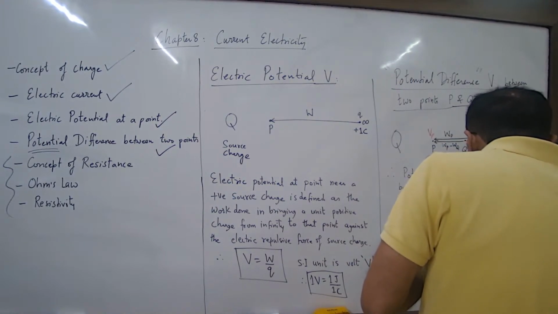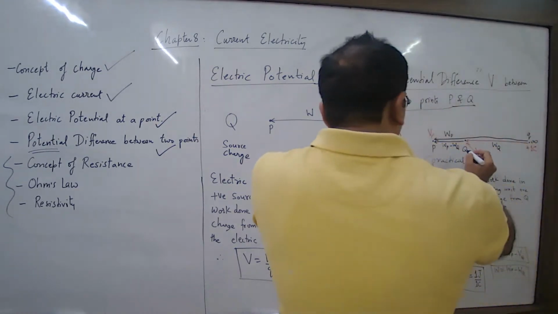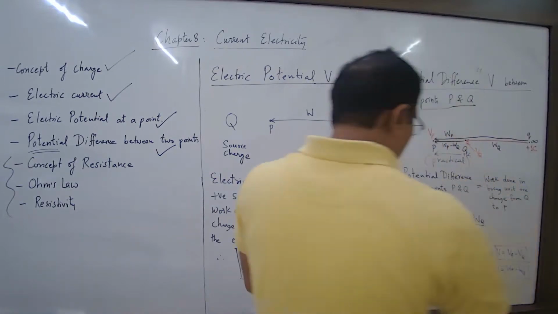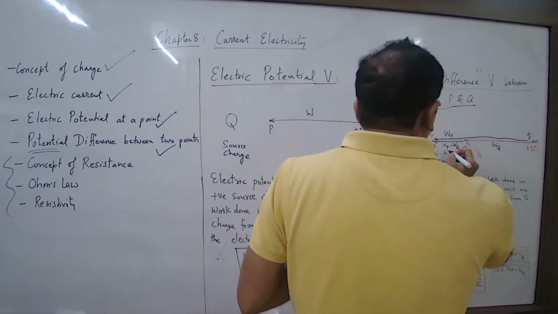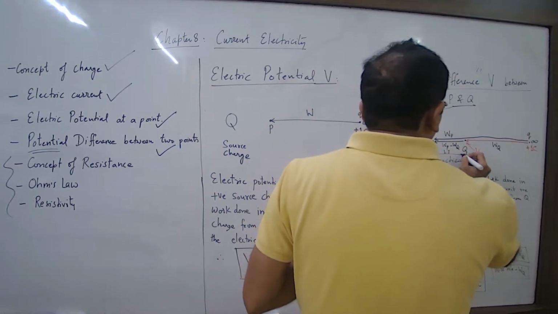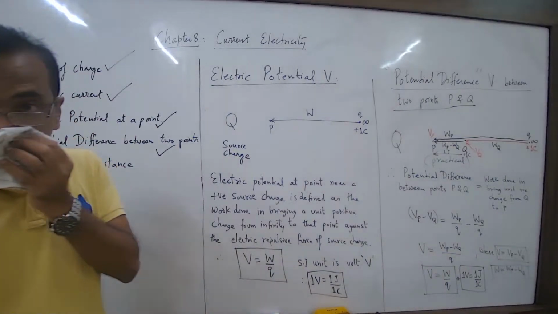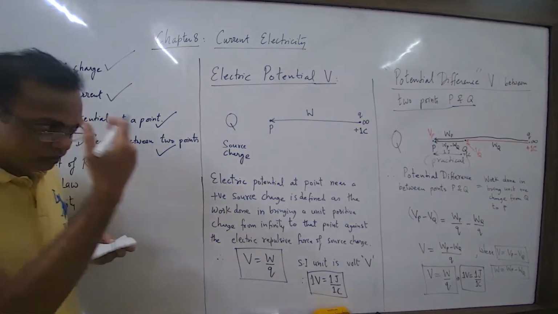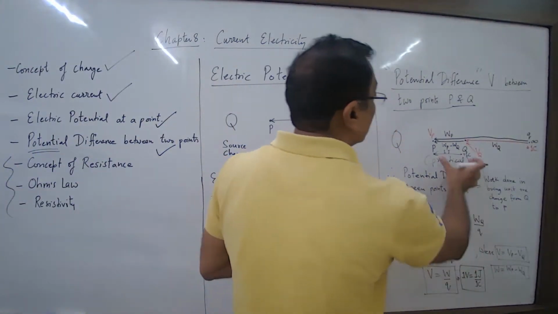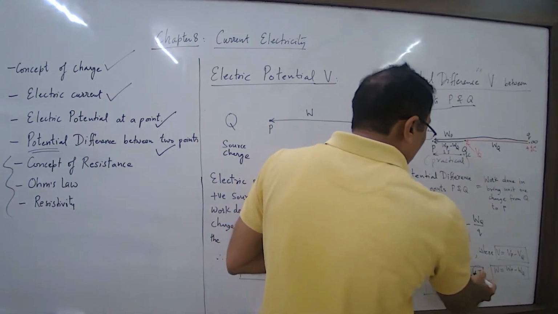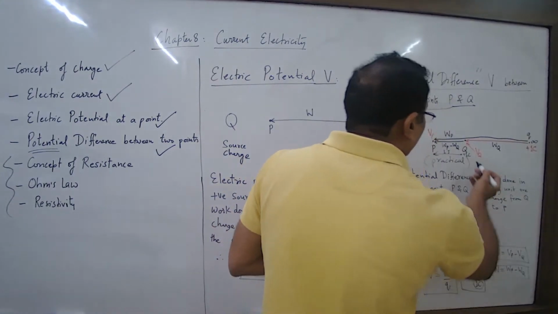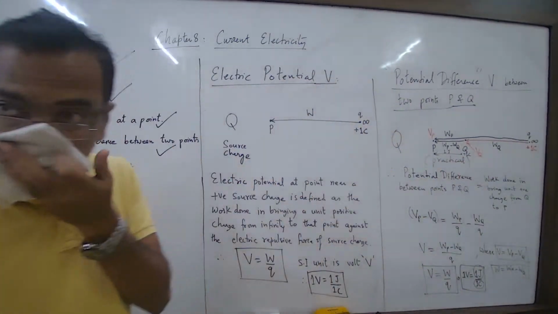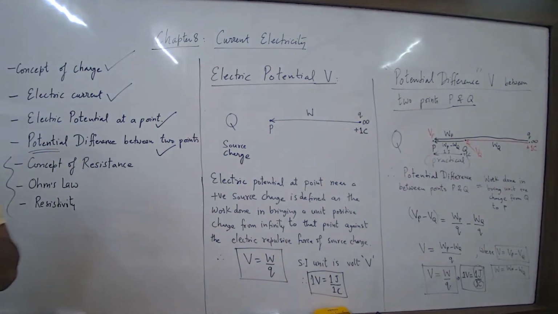When 1 joule of work is done to bring unit positive charge from Q to P, and you are doing only 1 joule of work, then we will say the potential difference between P and Q is 1 volt. So you don't have to memorize, it's just written here. These are the 2 points. You are spending 1 joule in bringing 1 coulomb between those 2 points. When that is the case, the potential difference between those 2 points is 1 volt. Okay? Alright.